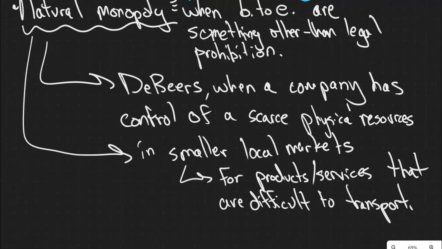And then the last one is essentially when the marginal cost of adding an additional customer is very low. So a lot of natural monopolies arise in the tech sector, right? After the fixed costs of the overall system are in place, the marginal cost of adding an extra person to YouTube or Facebook or whatever the case may be is quite small. So those are examples also of natural monopolies. Questions on natural monopolies? Okay.